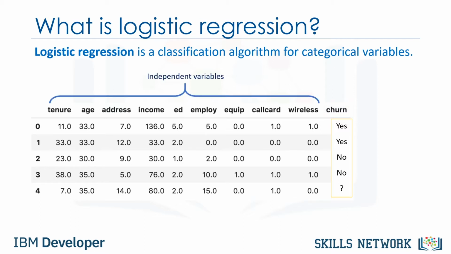In logistic regression, we use one or more independent variables such as tenure, age, and income to predict an outcome, such as churn, which we call a dependent variable, representing whether or not customers will stop using the service. Logistic regression is analogous to linear regression, but tries to predict a categorical or discrete target field instead of a numeric one.